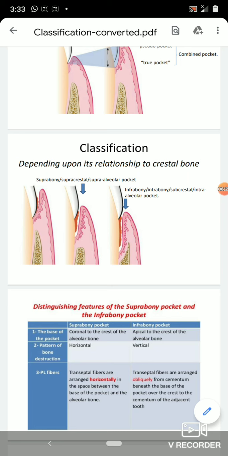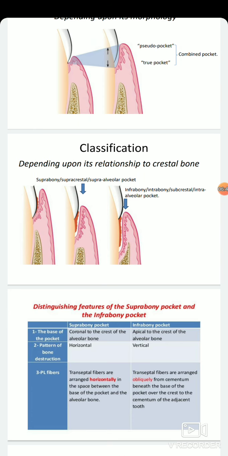So suprabony pockets are otherwise called supracrestal pockets or supraalveolar pockets. Infrabony pockets are intrabony, subcrestal, or intraalveolar pockets.